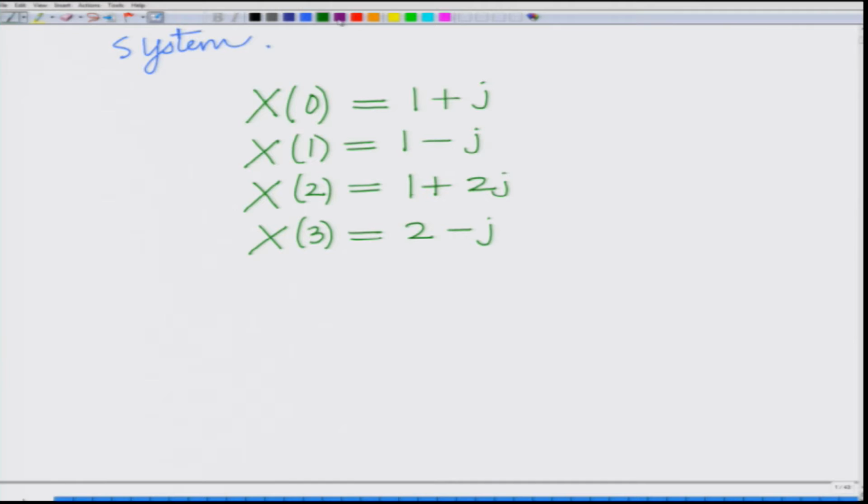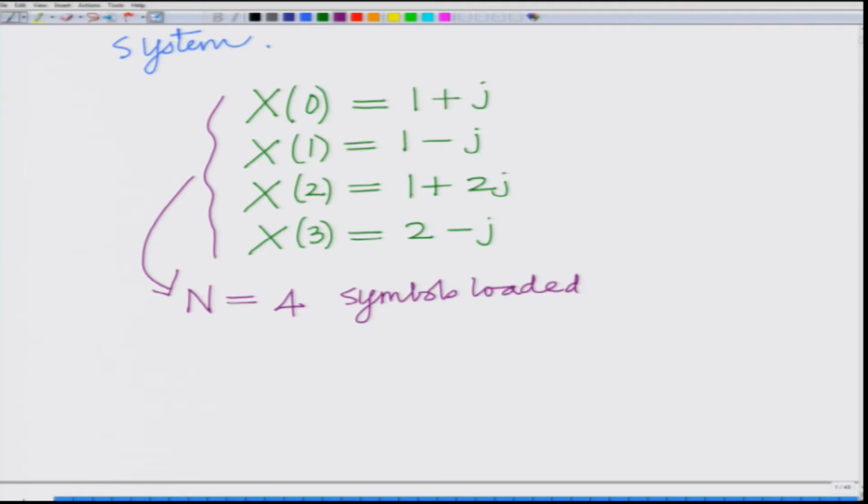These are the N equal to 4 symbols loaded onto the 4 subcarriers.